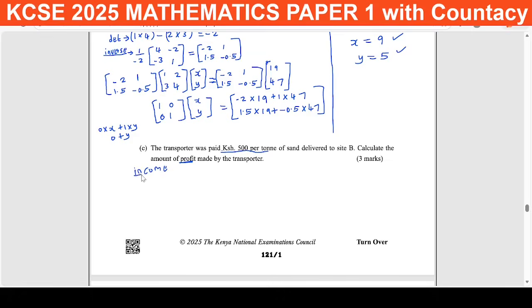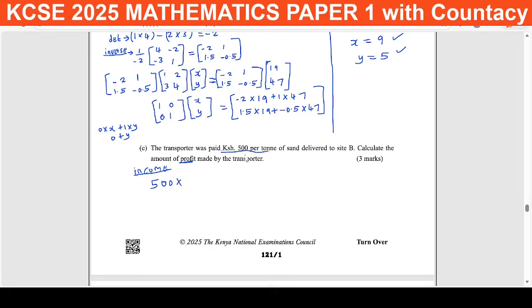We are supposed to know the amount of money that this transporter, or rather the person who owns these lorries, got, which is quite important, and actually that's the starting point. You see, he is paid 500, and this is per ton.